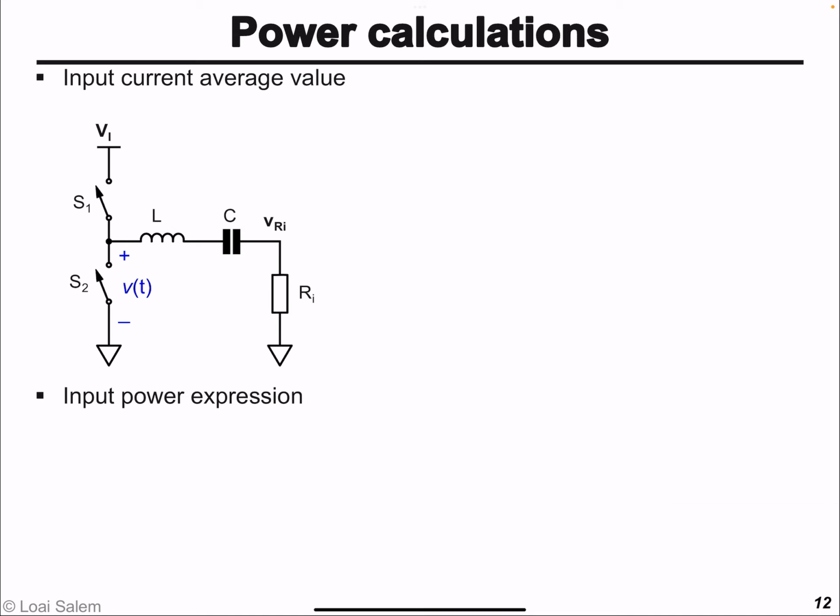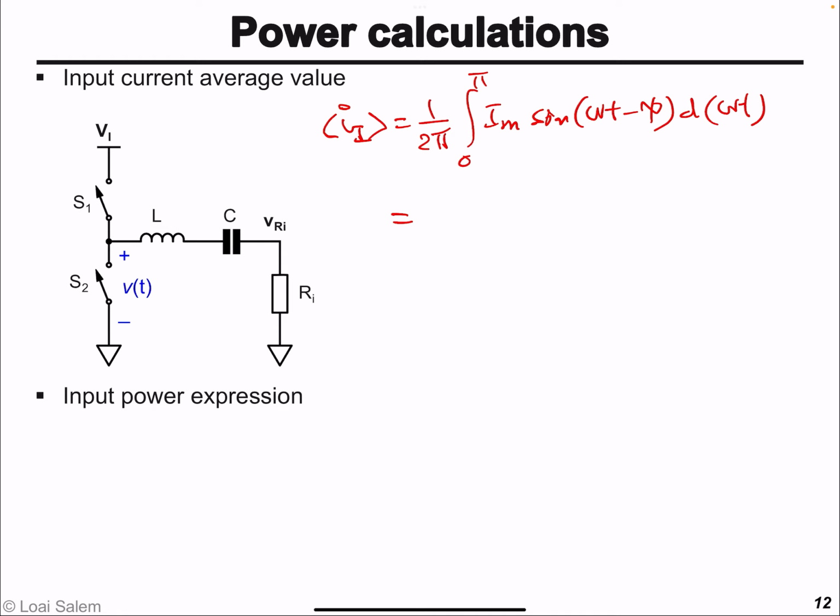And so let's perform this integration. We can take Im outside, divided by 2 pi, and then the integration of sine is going to be minus cosine, and the bounds of the integration will be from 0 to pi, but since we have a minus sign, we can say it's going to be from pi to 0.